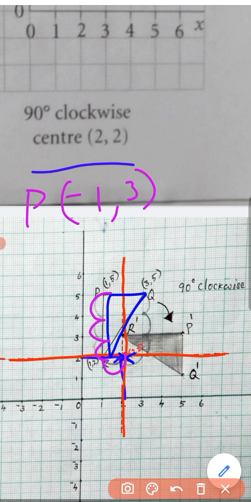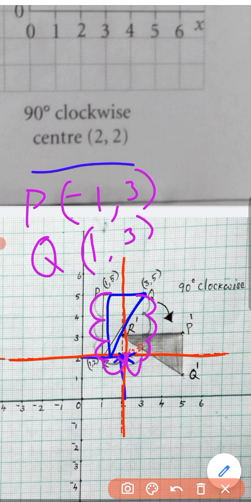Now find the coordinates of Q. Start from here. Q is 1 unit right. Right means positive 1. Then 3 units up. So Q is 1, 3. Now find R. R is on the y-axis.